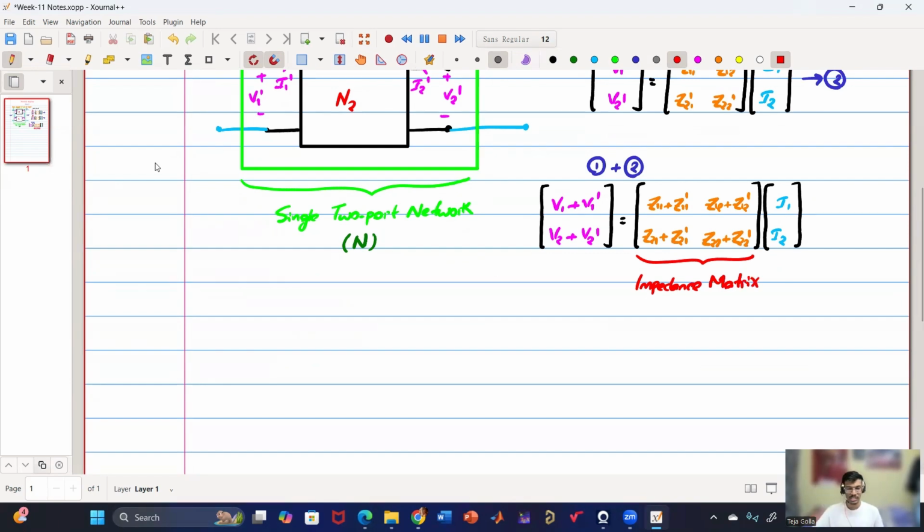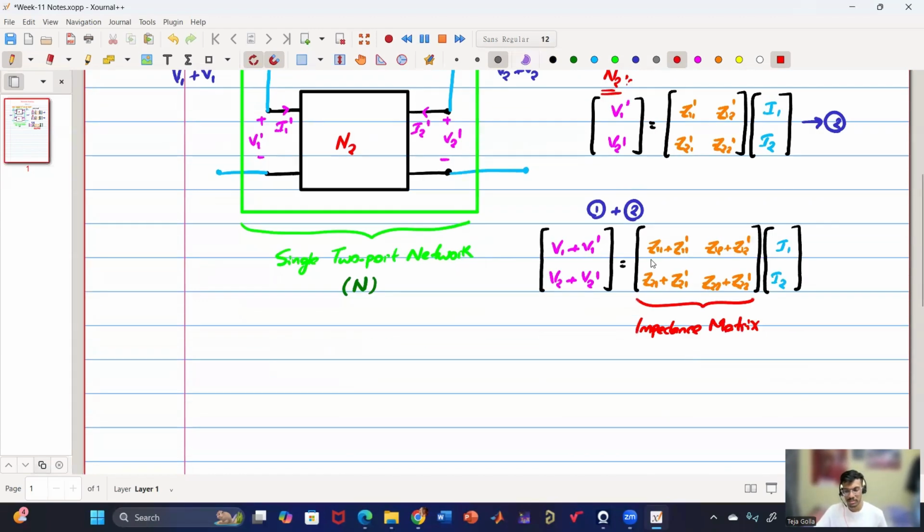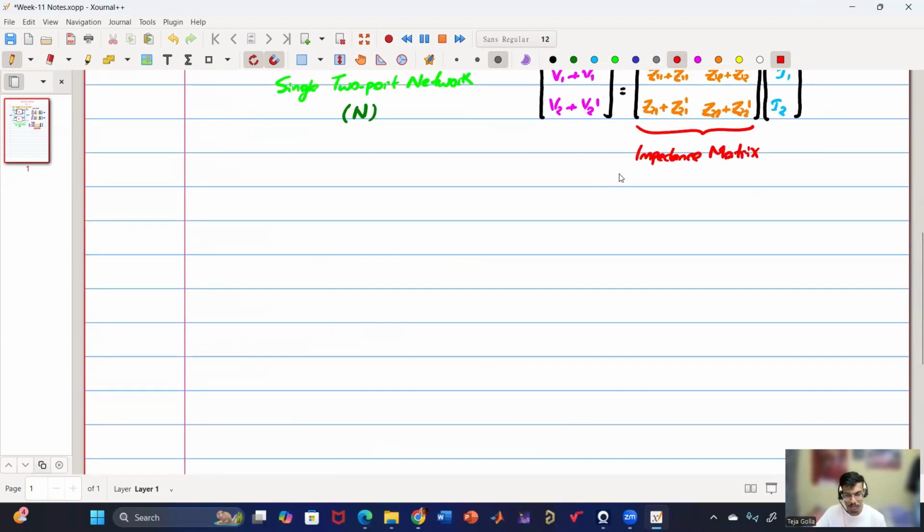Because V1 plus V1 dash is now the input to this new port, and V2 plus V2 dash is the output of this new port, and the currents are still I1 and I2. So this is my new impedance matrix. Just to summarize, what can I say?